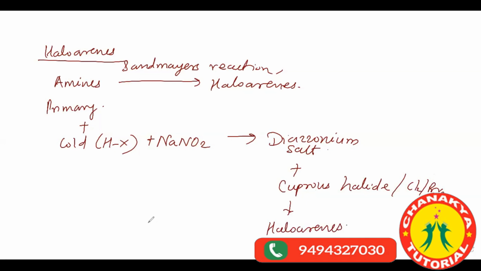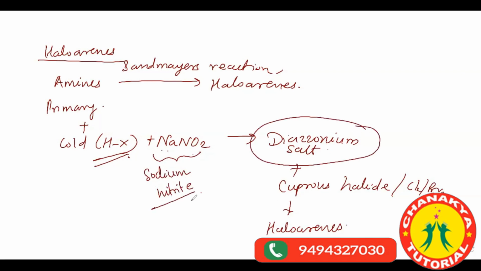Clear? What you have to take: a primary amine, dissolve it in the cold mineral acid, that is HX, and treat it with sodium nitrite. Sodium nitrite is NaNO2. If you don't know the name, you can write it below. You will get a diazonium salt.